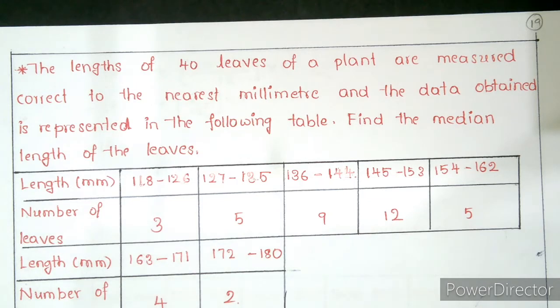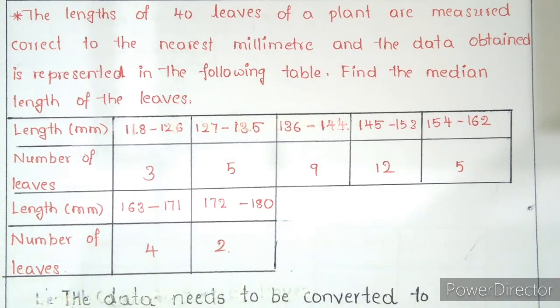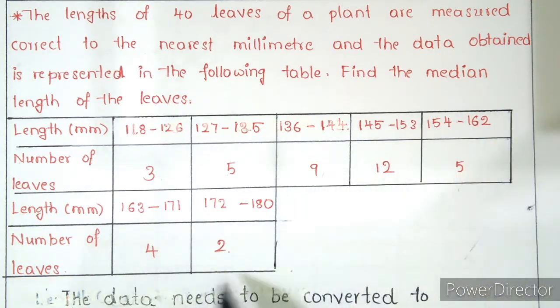Length in millimeters: 118 to 126, 127 to 135, 136 to 144, 145 to 153, 154 to 162, 163 to 171 and 172 to 180. The number of leaves is 3, 5, 9, 12, 5, 4, 2.